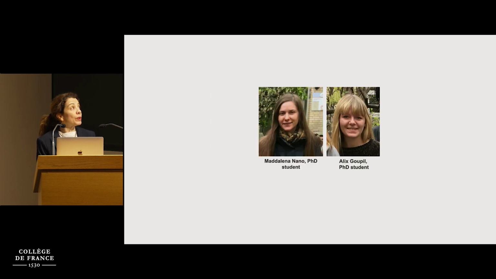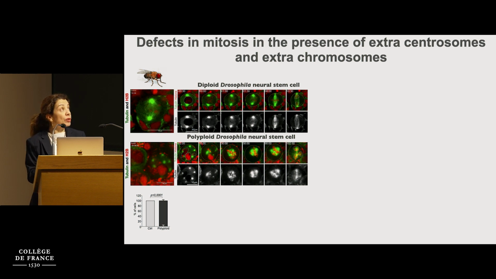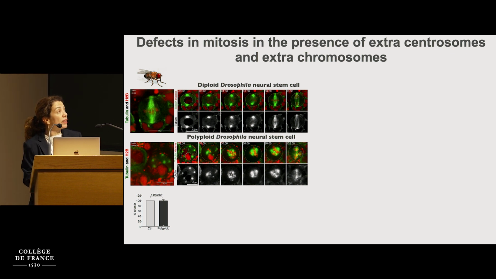Now, while Madalena was studying the behavior of these chromosomes during mitosis, Alex Kupil, another PhD student in the lab, also joined this project, and they realized that, in sharp contrast to diploid neuroblasts, which divide in an asymmetric manner, generating a neurostem cell and a differentiating progenitor, and always divide in a bipolar manner, when we characterize polyploid Drosophila neurostem cell mitosis, the extra centrosomes and chromosomes seem not to be coordinated.